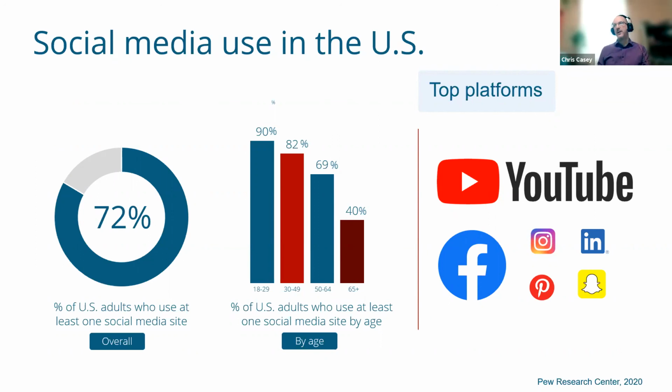And Facebook is second. So YouTube and Facebook are the top two platforms, respectively. And then obviously there's Instagram, LinkedIn, Pinterest, TikTok is new. There's a new list of platforms as long as your arm. And so it's just a question of where is my audience? Where can I reach them?